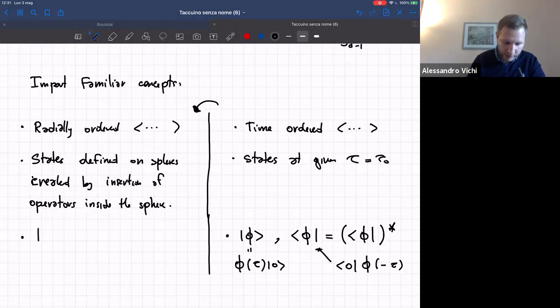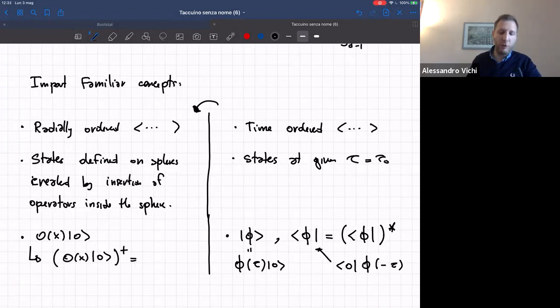If you have a state obtained by acting on the vacuum with an operator O, we can define the conjugate one by inserting the operator at the reflected point, because sending tau to minus tau corresponds to inverting the position of the operator with respect to the unit sphere.